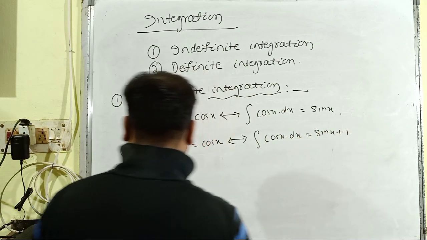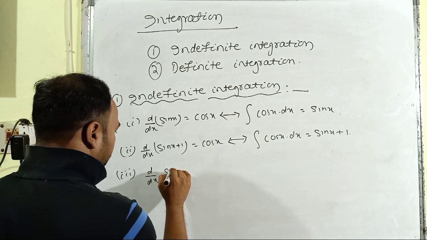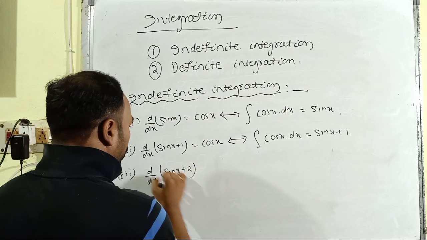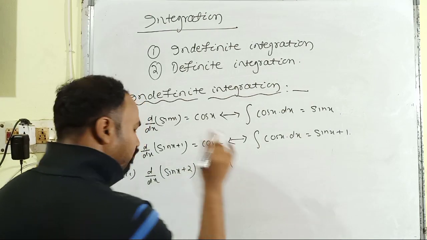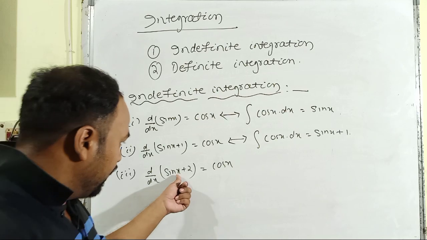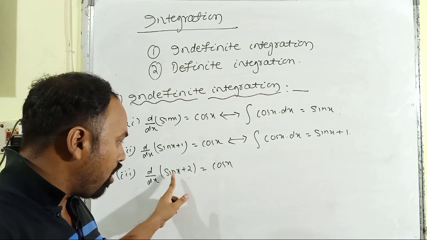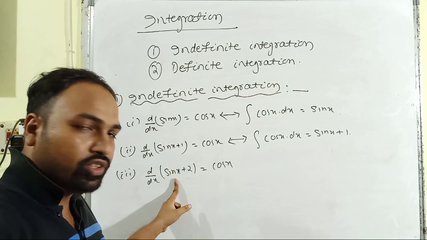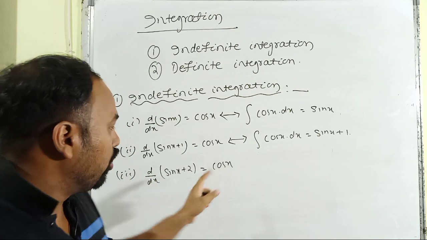Again let us take another example, the derivative of sin x plus 2. And here you can see that again the derivative is cos x, because in the function the trigonometric function, sin x, is added with a constant, not a variable.